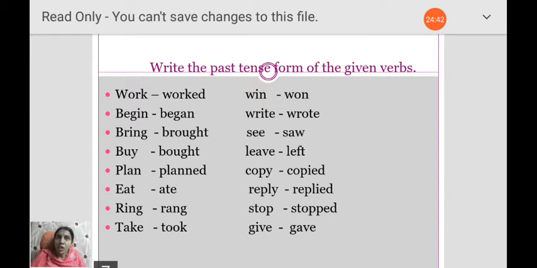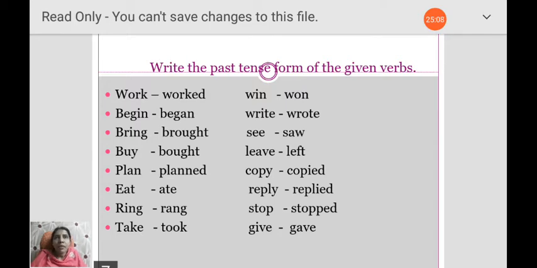There is no R. So in that way, don't get confused in these two words in the past forms. Where there is R in the present, there is R in the past form. Where there is no R, there is no R. This is how you can avoid getting confused in the past form of bring and buy.